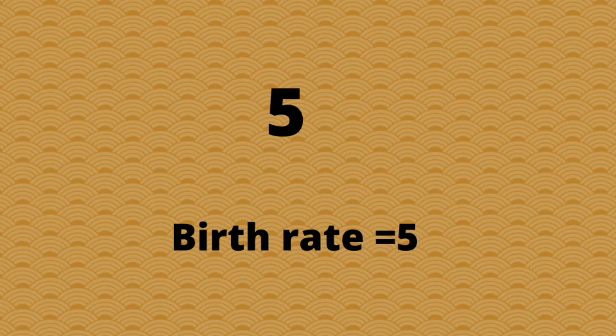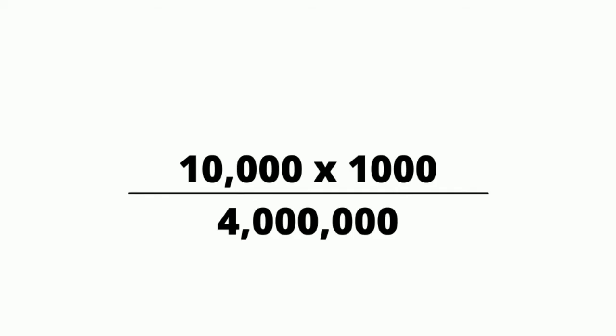So that is how you work out the birth rate. Now let us move on to the death rate. And as I said before, it is similar. So it would be 10,000 times 1,000 over 4 million.